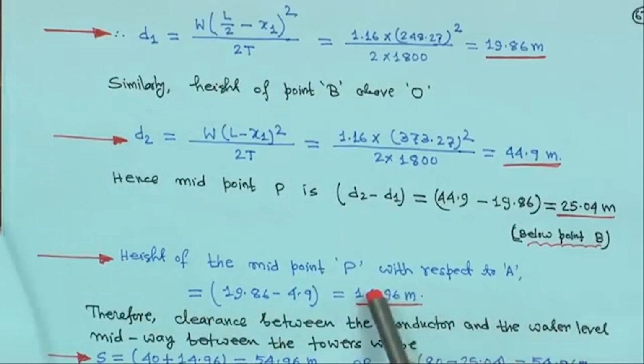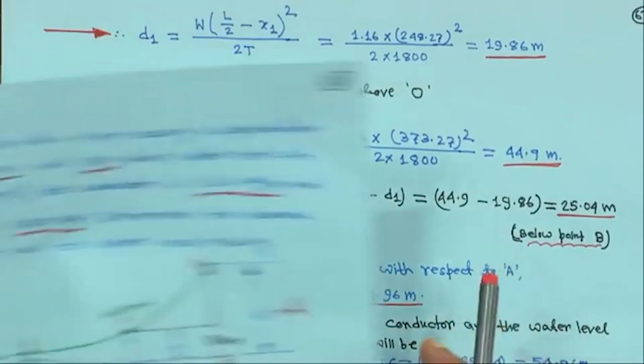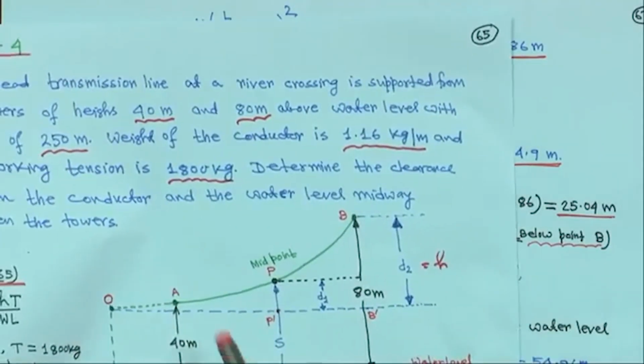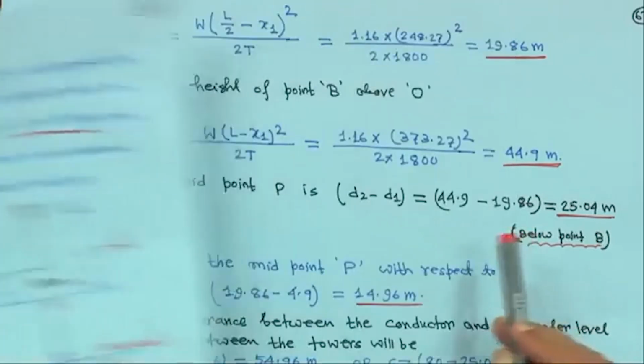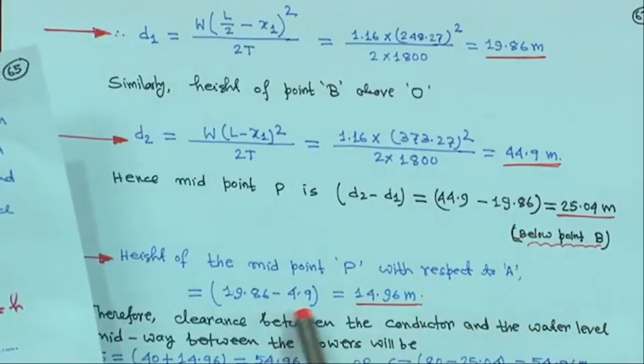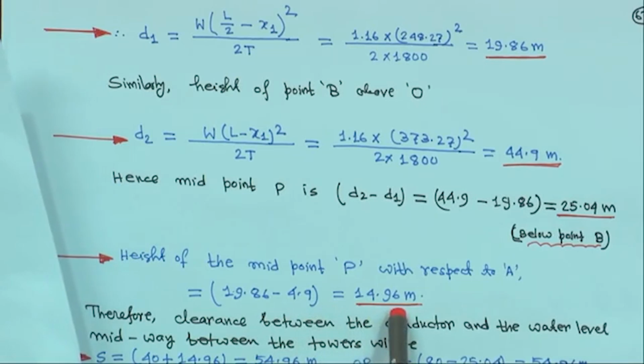So, the height of the midpoint P with respect to A will be 19.86 minus 4.9, that is 14.96 meter. Just hold on.